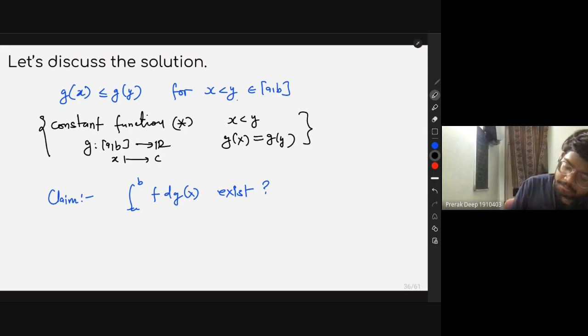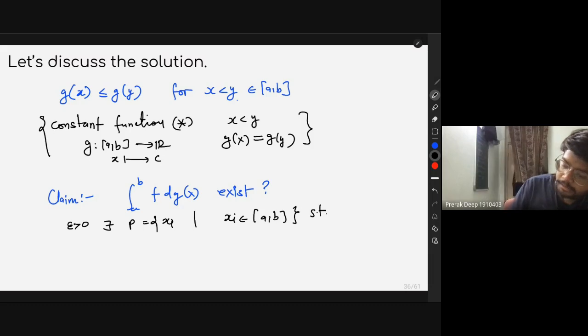So how do we claim this? We say that for any given epsilon greater than 0, there exists a partition xi from [a, b] such that this difference is smaller than epsilon.